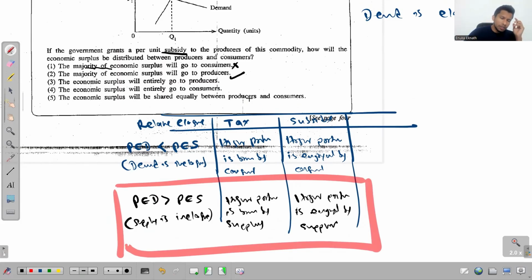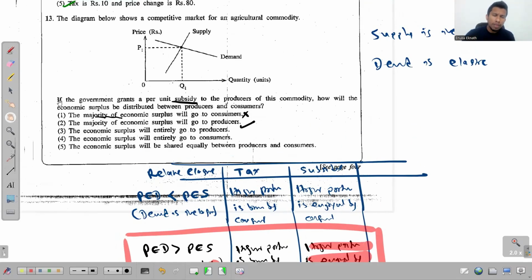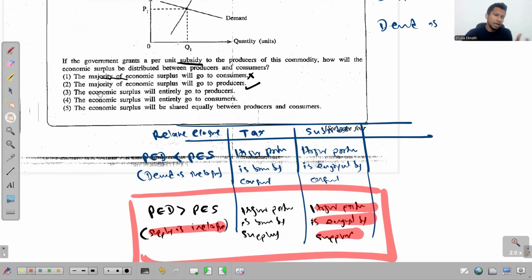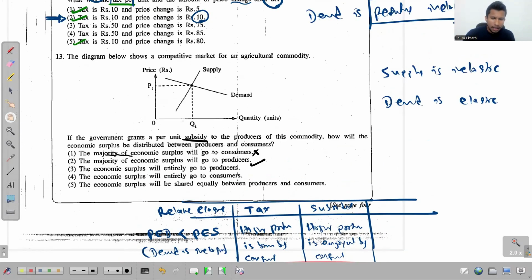Once again, it's the same thing. If supply is relatively inelastic, a higher portion of the subsidy is passed to the supplier, the producer. So the answer is the second one. No point of reading the other ones. If you know this part, you can find the answer easily.